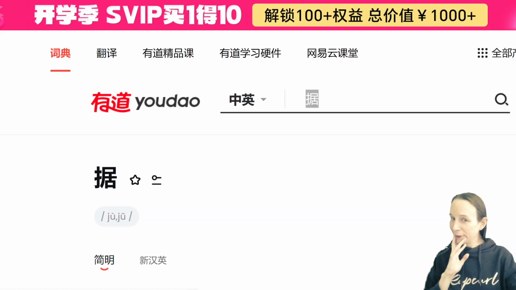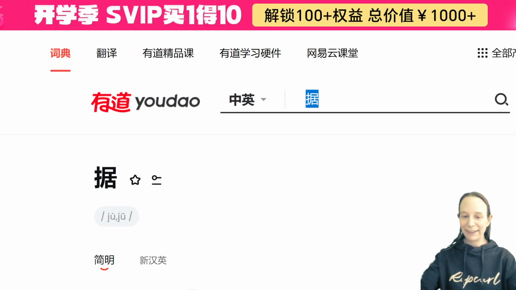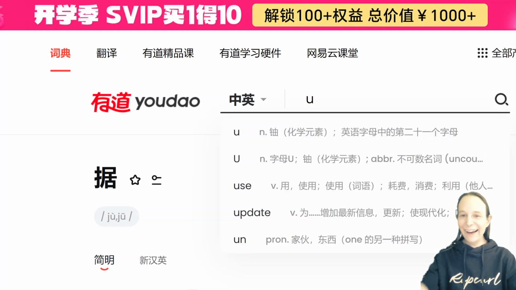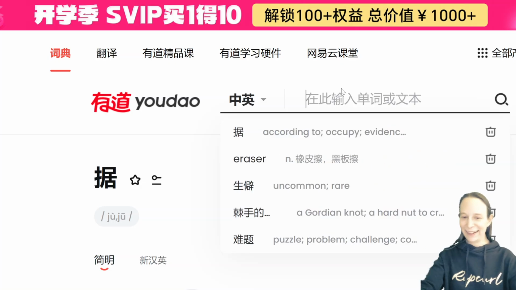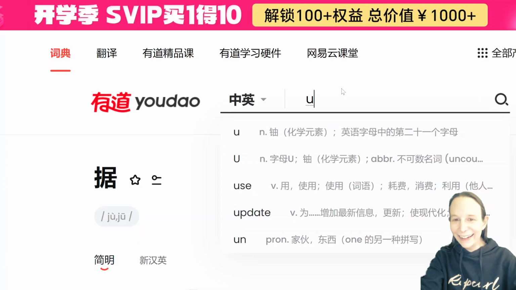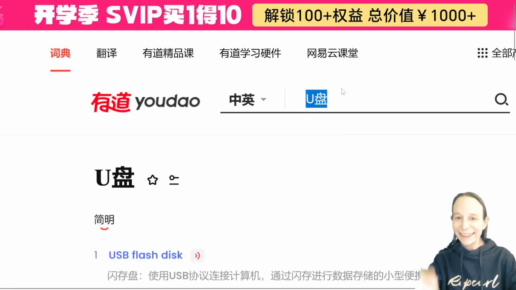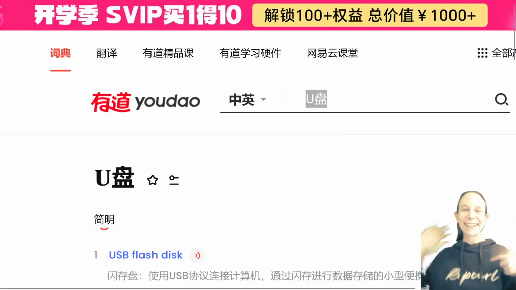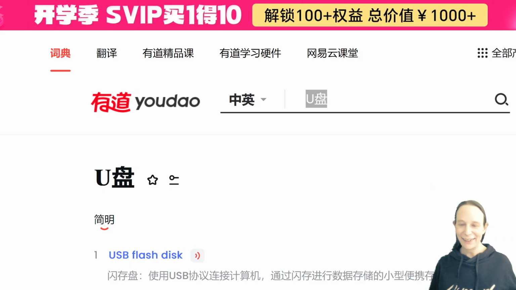There's nothing that starts with U, right? There is no U. So I put it in my input method and it didn't find anything. Oh, there's U盘. USB. Right, so we do W and then we get U and V for free.